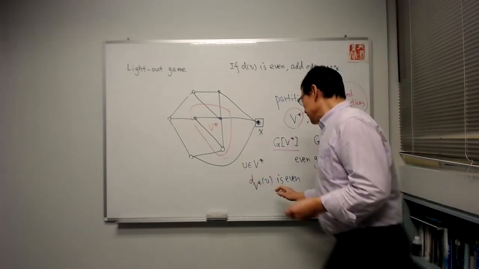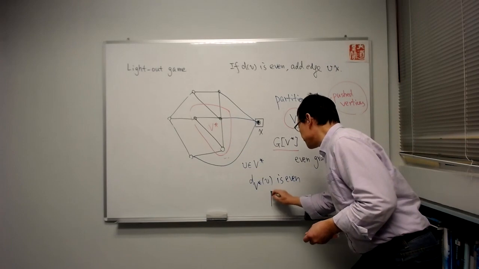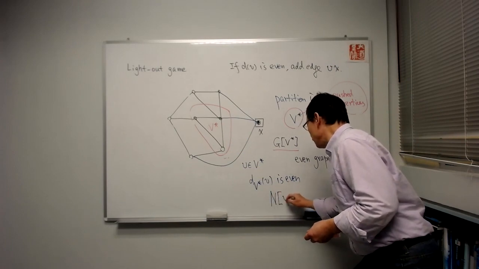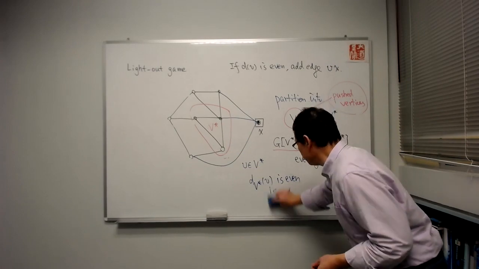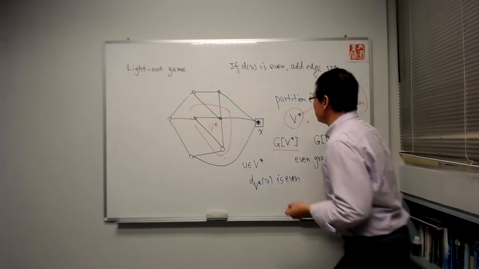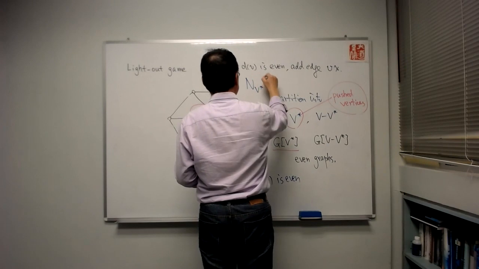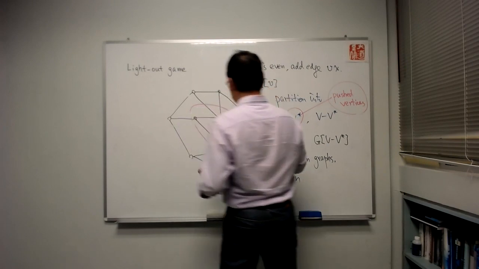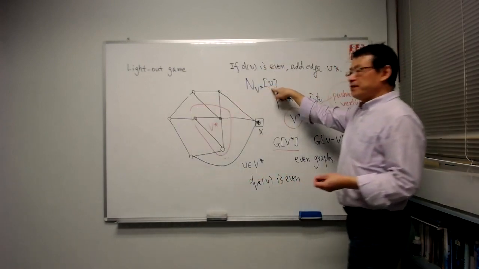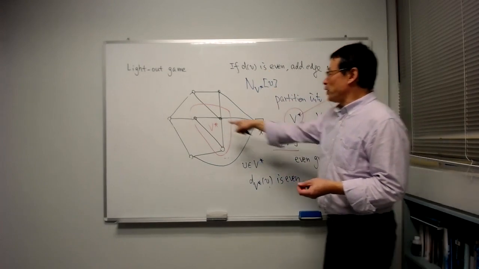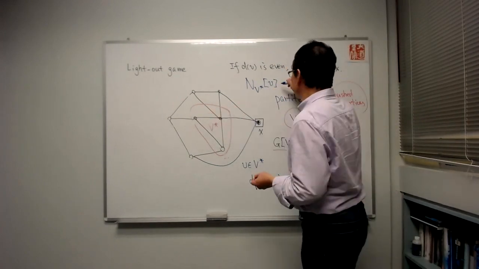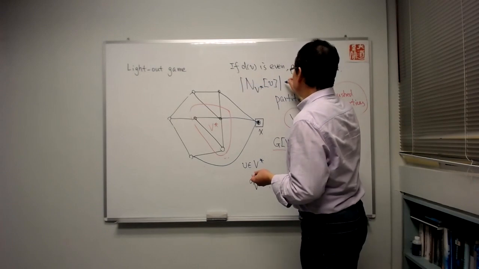Now, the closed neighborhood of v, let me write it here. In this graph, the closed neighborhood of v, because the degree is even, plus the vertex itself, is odd.